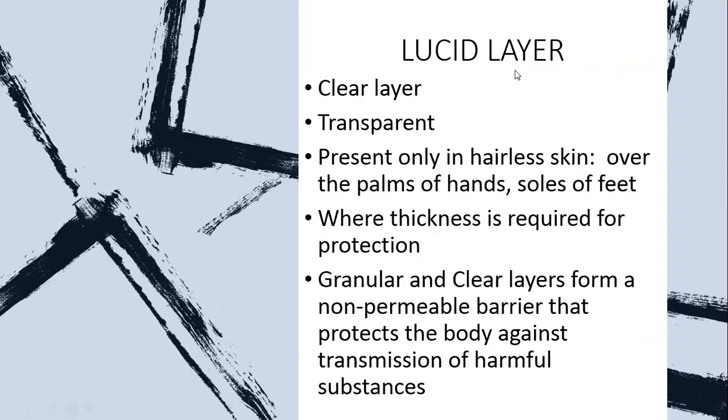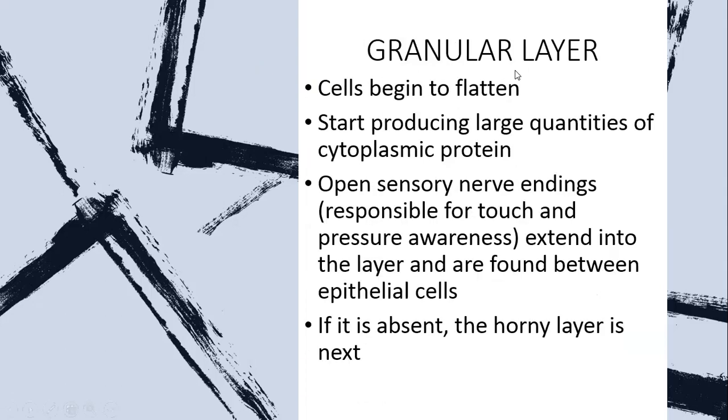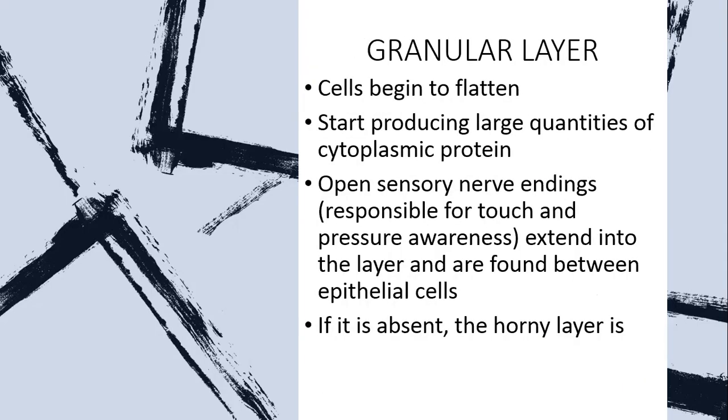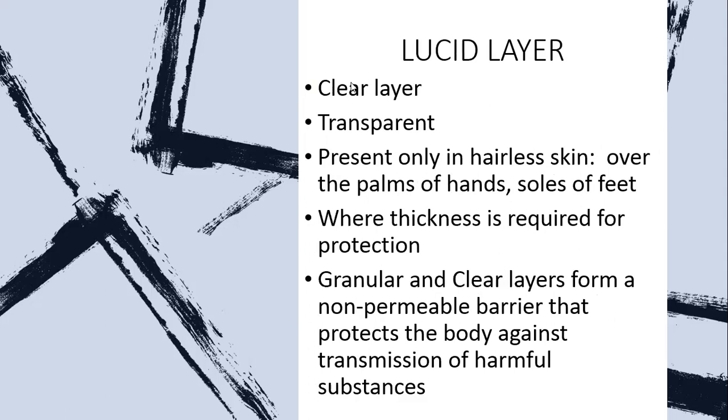The lucid layer is usually on top of the granular layer. The lucid layer, or the stratum lucidum, lucid meaning transparent, like we said, is a clear layer. It's present only in hairless skin.